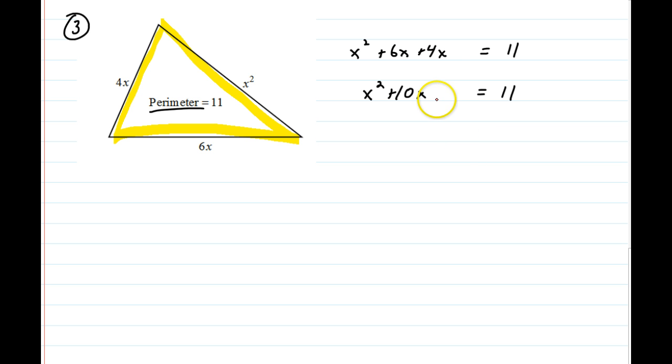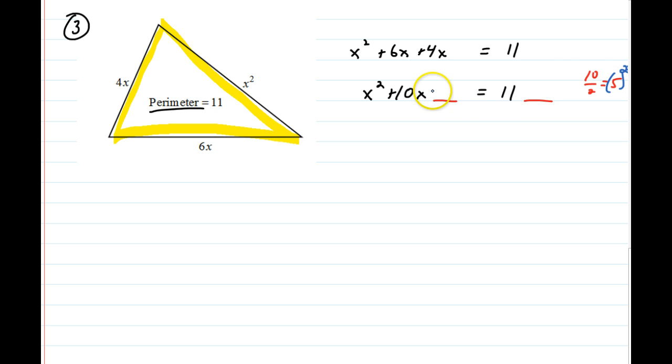So now we have to figure out what we need to add to this to make it a perfect trinomial. And so we take half of 10, which gives us 5, and then remember you have to square it.